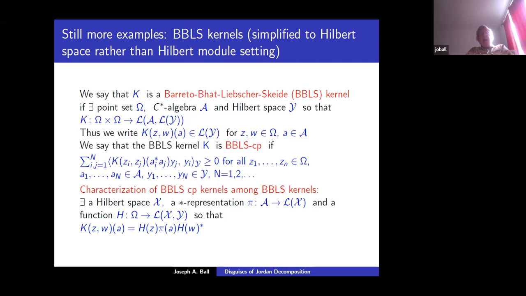So if we have A in the algebra, then the Hilbert space adjoint, A star, is also in our algebra A. Then these things can be characterized as there is an existence of a state space, X, a Hilbert space, a star representation of this C star algebra A into operators on X, and a function from omega to operators from X to Y, so K decomposes in this way.